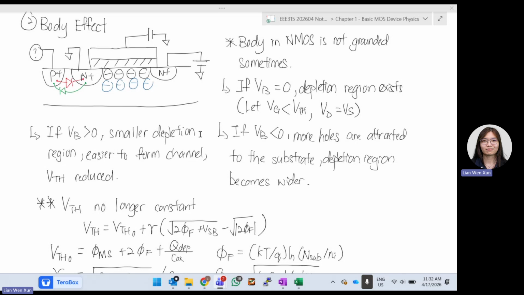However, sometimes if we really need to reduce our VTH, we will connect our body to a slightly larger potential. Just slightly above 0 will do. We cannot put too much because it will break. If you accidentally put your body voltage much lower than your source, then it won't be good.